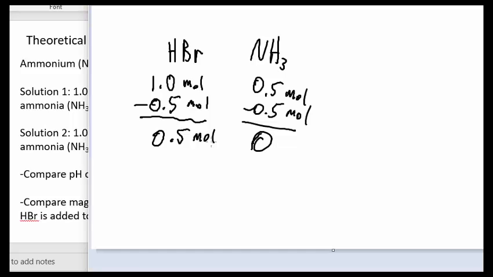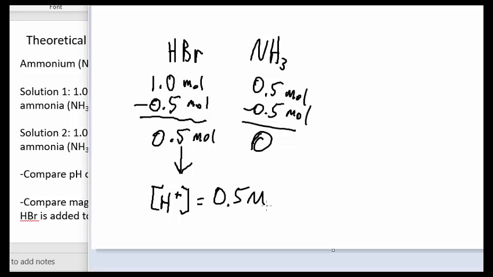So essentially what this pretty much becomes is a solution of hydrobromic acid. And we know that's a strong acid. So the hydronium ion concentration is going to be pretty much the concentration of hydrobromic acid.